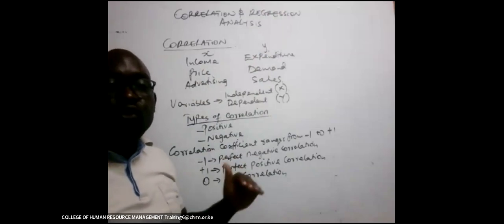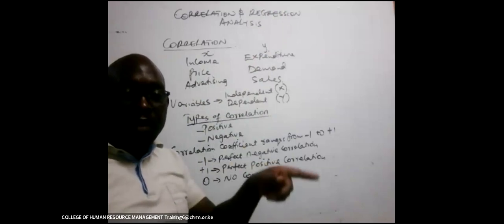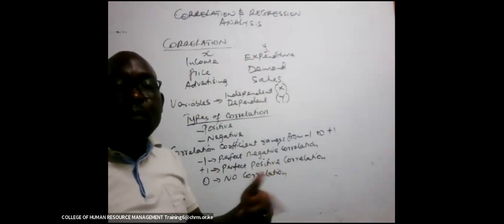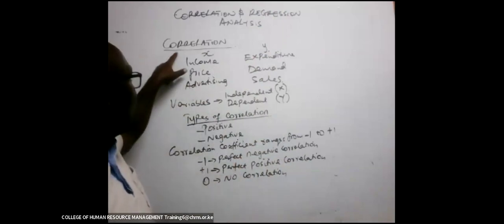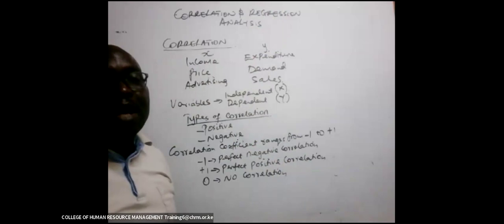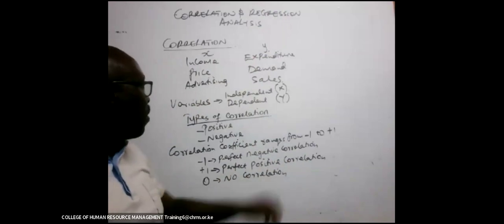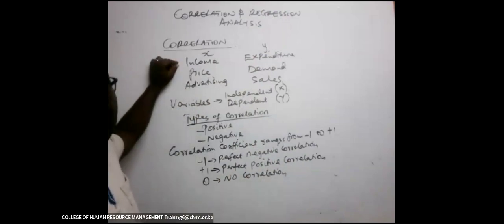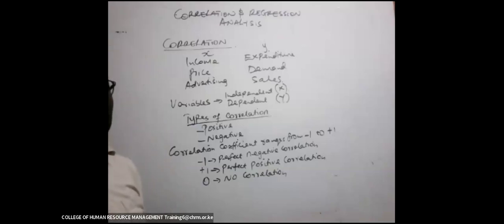The level at which you reduce the X affects the dependent variable by the same magnitude. You increase the price by 2, the demand reduces by 2 or by half. That is what we call perfect. When it is perfect positive, you increase income times 2, the expenditure increases times 2 by the same magnitude. That is a perfect positive correlation.